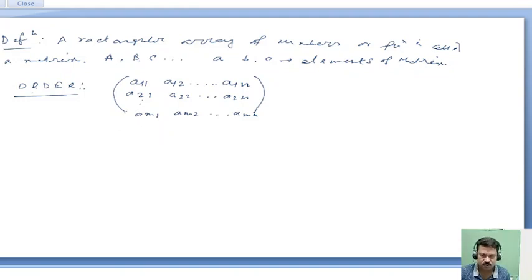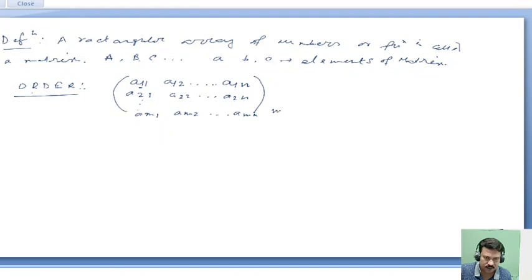I prefer to note it in first brackets; you may also use third brackets. Here the first subscript is for the row and the second is for the column.